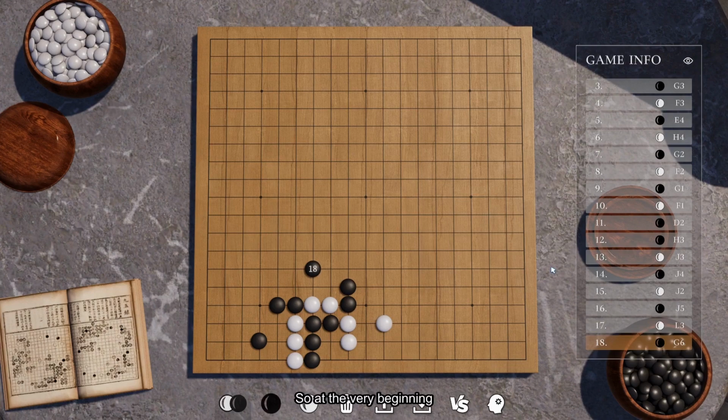So, at the very beginning, I mentioned that a battle for life can sometimes involve multiple groups of stones. It is not just a battle between 2 groups. It could be a battle among multiple groups. So, let's look at this shape right now. Black only has 4 stones here, forming one group. As for white, these 5 stones are actually divided into 2 groups.